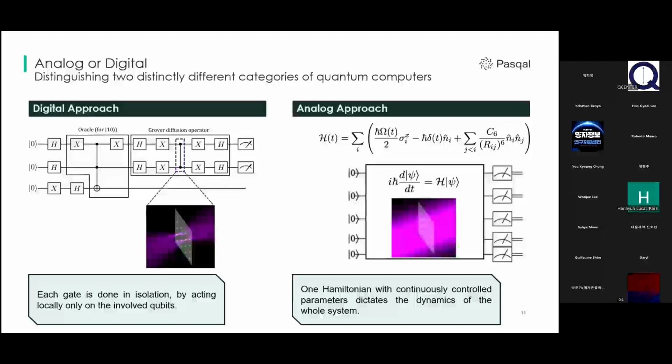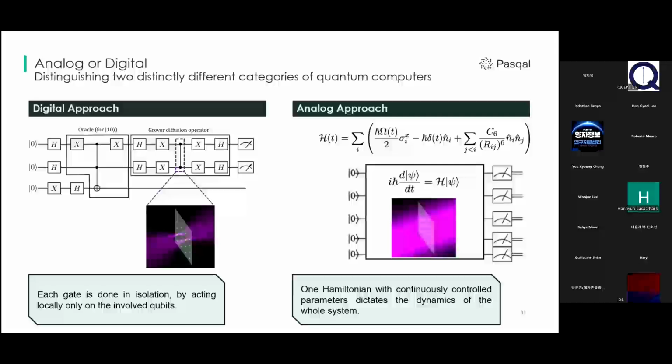A digital, quantum logic gate-based quantum computer works in a similar fashion, focusing on individual local interactions on the single or two quantum bit level by referring to a set of admissible quantum logic gates, so elementary operations.